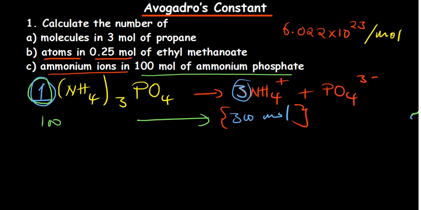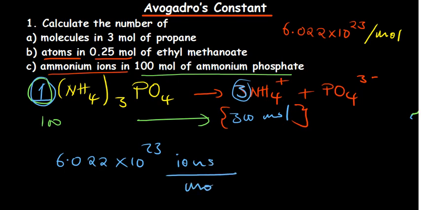So you can just use the Avogadro's constant straight away, 6.022 times 10 to the power 23. We've already determined the number of ions per mole, and then we multiply by the number of moles, 300 moles. So multiply there.